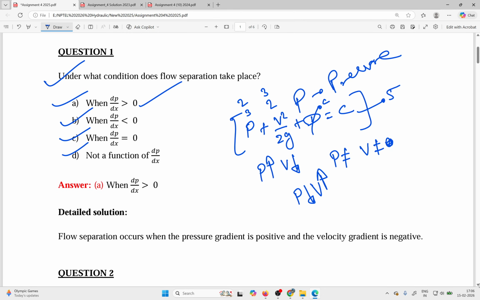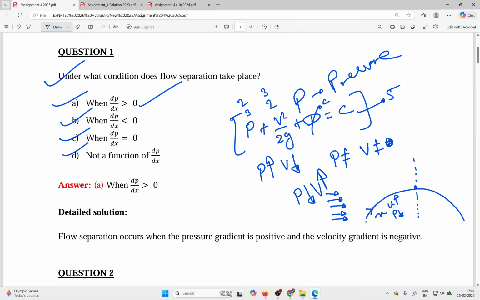Now let me explain what I am telling. Let us suppose you have a surface or a cylinder like that, and the direction of x is in this direction. When your fluid is moving, air or water, whatever, what will happen? Here the acceleration will increase, your velocity will accelerate at this point. Velocity increasing means your pressure here is decreasing.